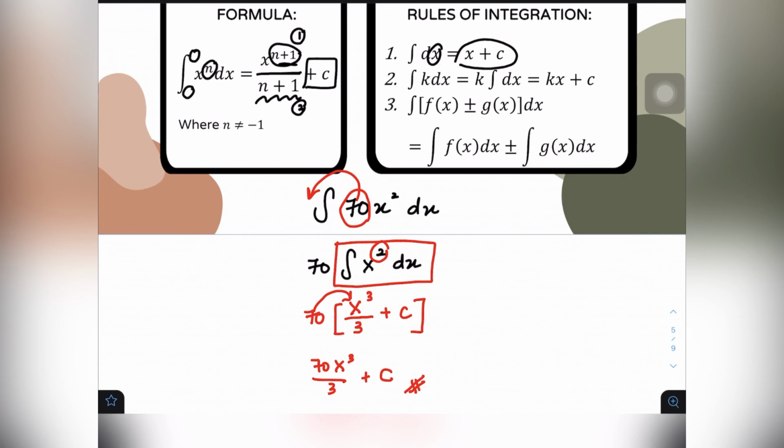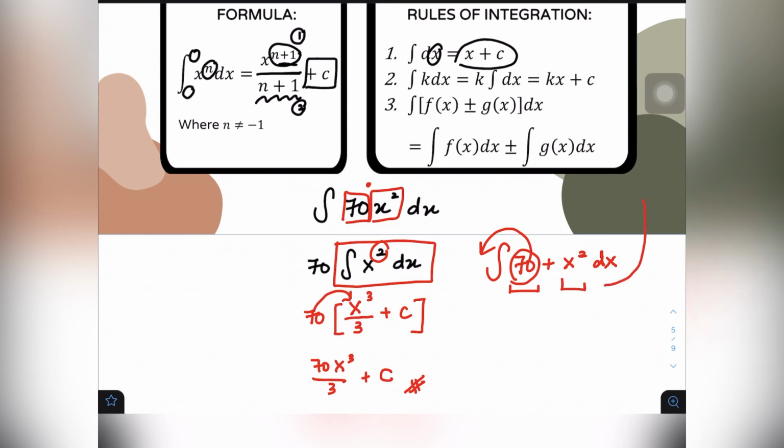So that one is rule number 2. Rule number 3 is for when you have two different functions. Before that, remember that the previous rule can only be applied if the constant and the variable are multiplied together. If you have integrate 70 plus x squared dx, you cannot bring 70 outside, because this one is another function and that one is another function.